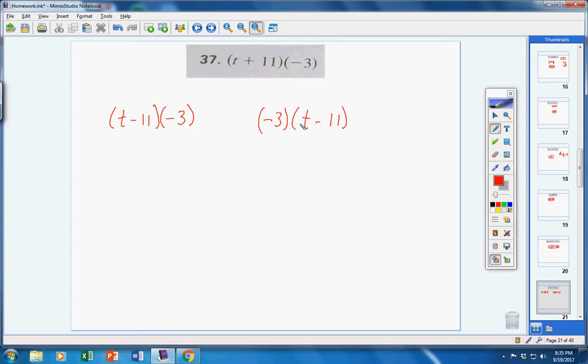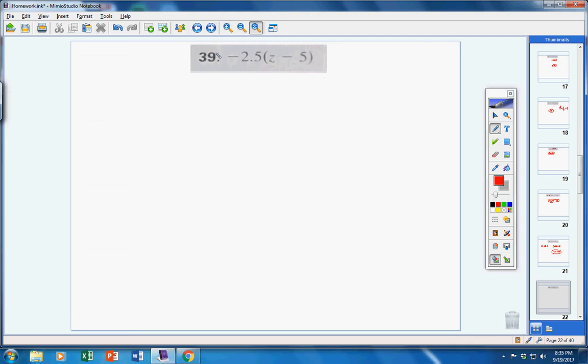A negative 3 times a positive t is negative. 3 times t is 3t. A negative times a negative is positive. 3 times 11 is 33. And there's your answer. Alright, moving on to number 39. We have a negative 2.5 that we're going to multiply through.